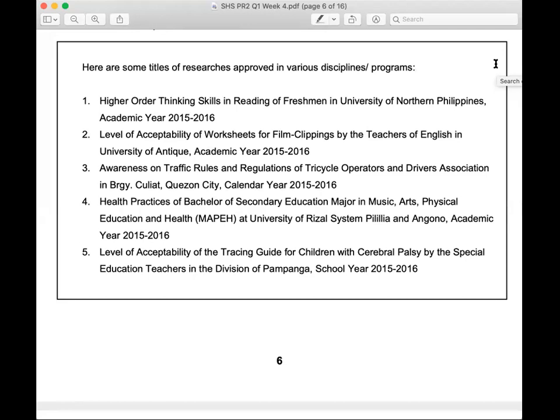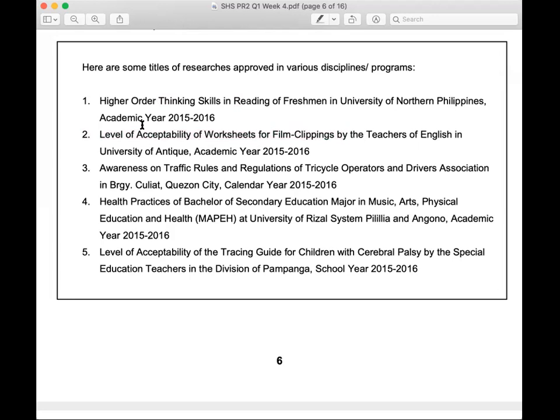So we have your active variables, higher order thinking skills in reading, then the respondents, the location, and the time. And as you've noticed, there's no punctuation at the end, plus the words between the first and the last are capitalized also.